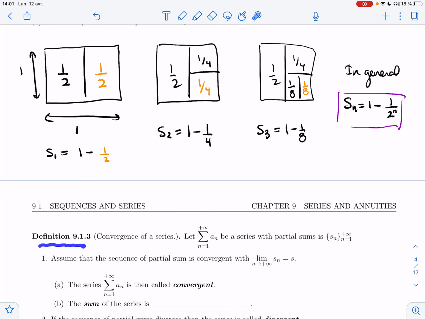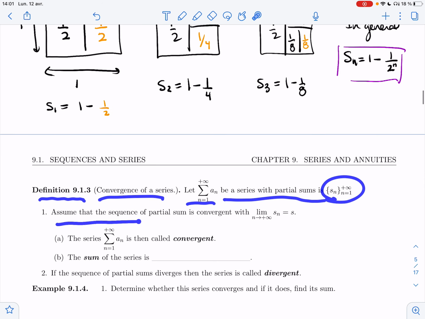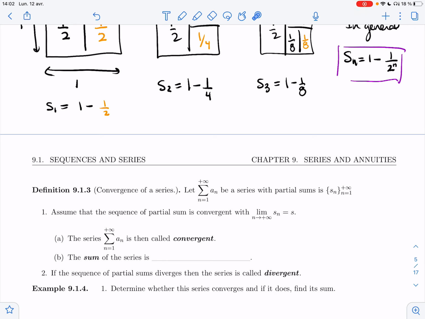So definition 9.1.3, convergence of a series. Let the sum of an be a series with partial sums Sn. Assume that the sequence of partial sums is convergent with the limit going to S. All right, so this is the one we care about, the sum of a finite number of terms from 1 to n.